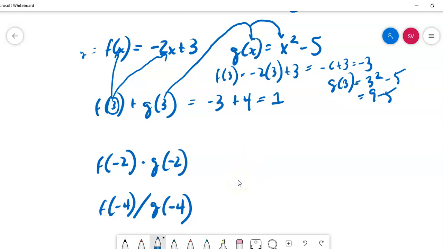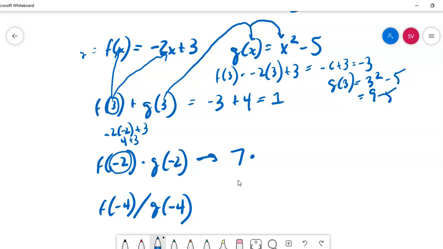Now we're going to do the same thing here, except we're going to replace x with minus 2 in my f of x, and replace x with minus 2 in my g of x. So replacing x with minus 2, minus 2 times minus 2 plus 3 is positive 4 plus 3, which is 7, times g of minus 2.